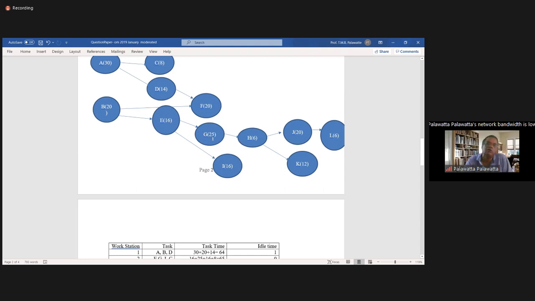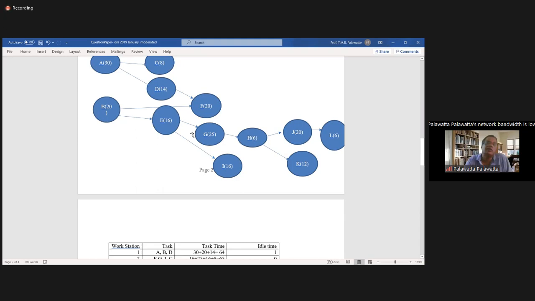So then 16 plus 25, 41. And then 41 plus 20 would have been 61. For this 61, I have to consider another one, and it goes beyond 65. So I discarded F and instead allocated I: E, G, I, and then 16, 57.